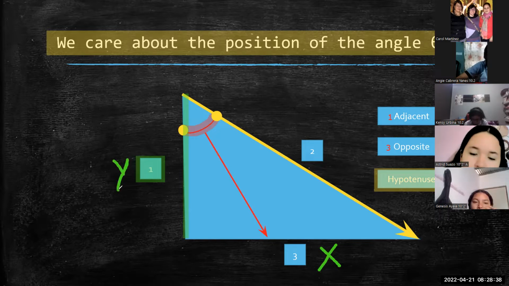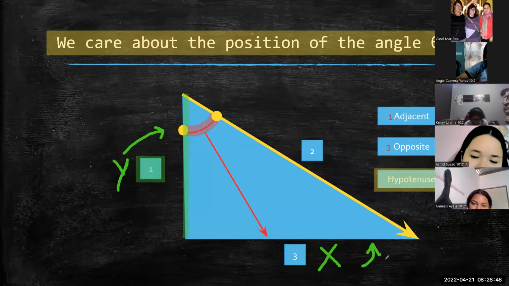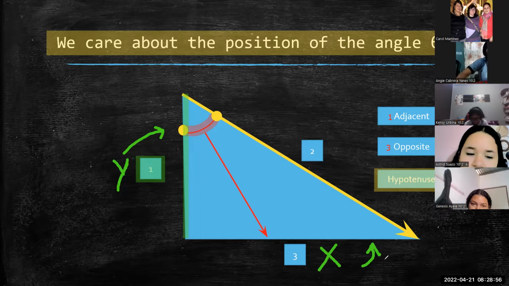So my vertical component is adjacent to the angle, and my horizontal component is opposite to the angle. Guys, this is the most important topic before starting with vectors, that you know how to identify opposite, adjacent, and the hypotenuse, because the rest of the topics depend on this. So I want this topic to be very clear to you.